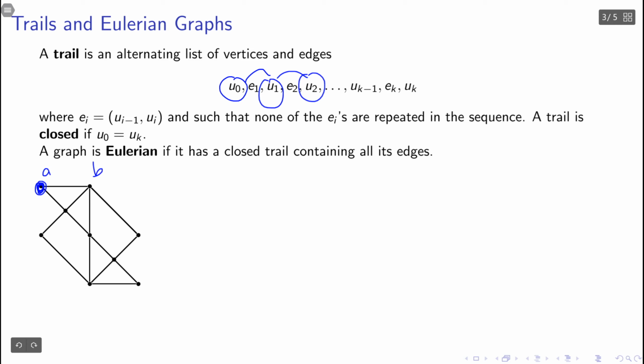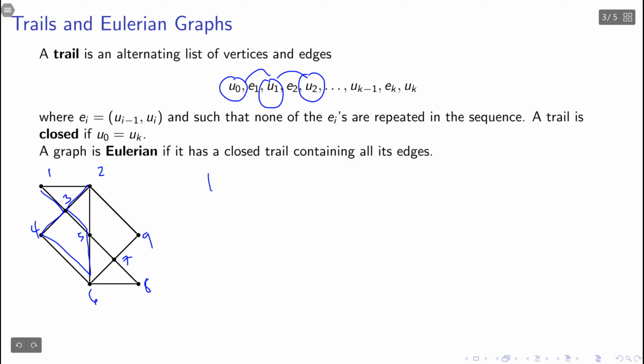So let's label the edges here. I'll use numbers 1, 2, 3, 4, 5, 6, 7, 8, 9. So an example of a trail is, say, 1, 3, 4, 6, 5, 3, 2.